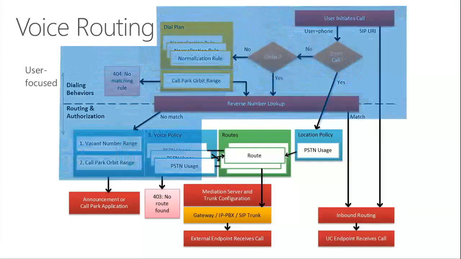So now, going back again to the voice routing. We talked about the user habits, how we can educate Lync if a user dials different types of 4 or 7 digit numbers, how they can be normalized. Now the second thing comes.